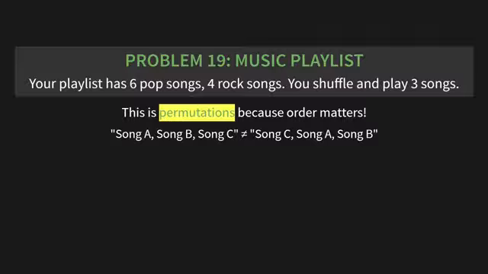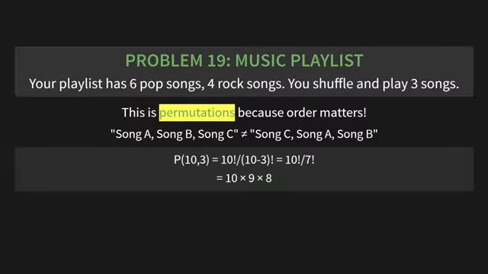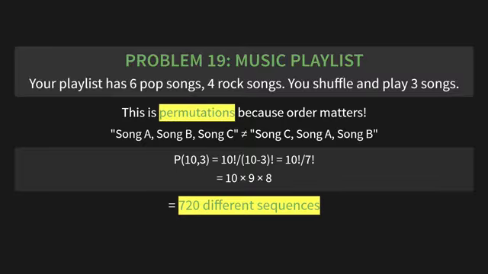Check out this permutation formula. We're choosing 3 songs from 10 where order matters. That's 10 choices for the first song, 9 for the second, 8 for the third. 10 times 9 times 8 equals 720 different possible sequences. Your shuffle has 720 different ways to arrange those 3 songs.